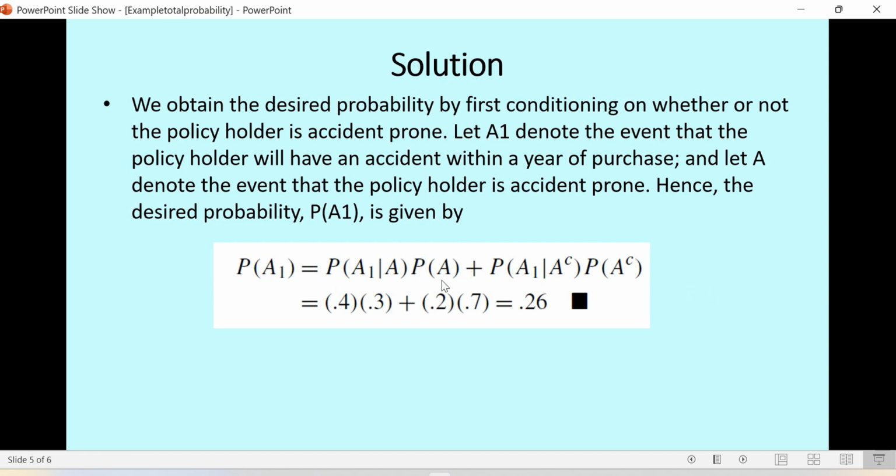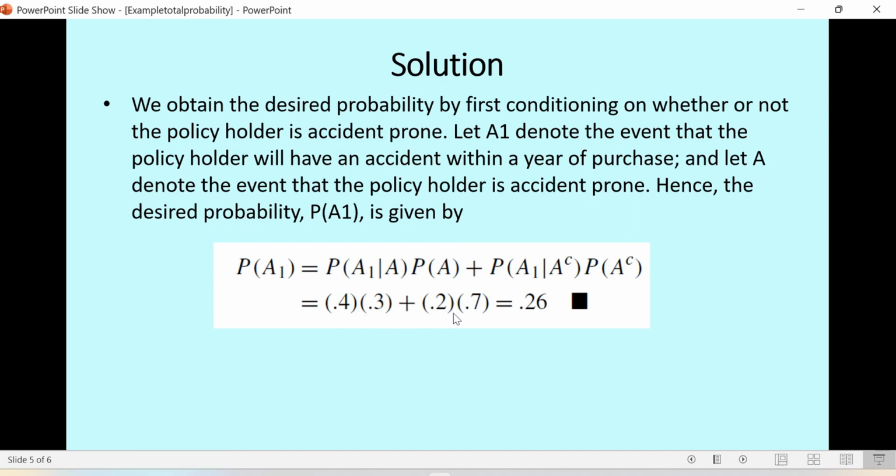One case is he is accident prone, and the other case is he is not accident prone, right? If he is accident prone, then the conditional probability that he will have an accident given he is accident prone is 0.4. And if he is not accident prone, then the probability that he will have an accident given he is not accident prone is 0.2.